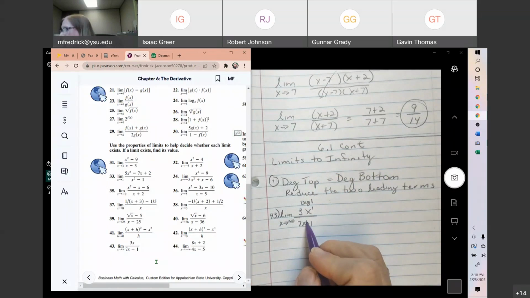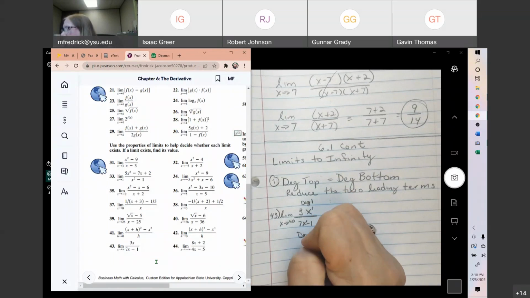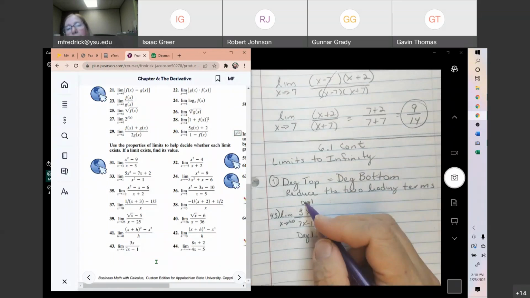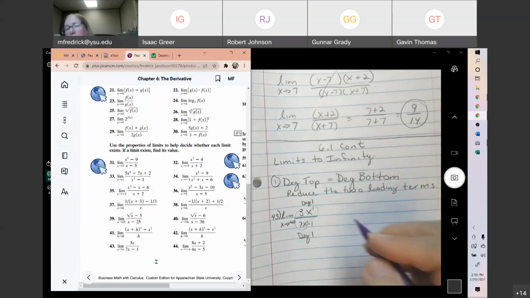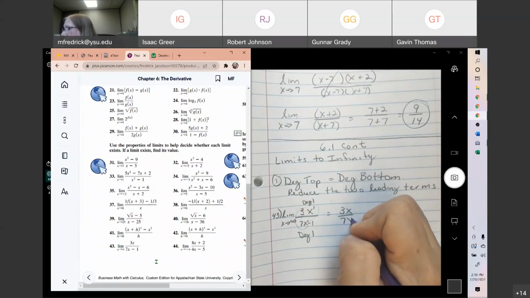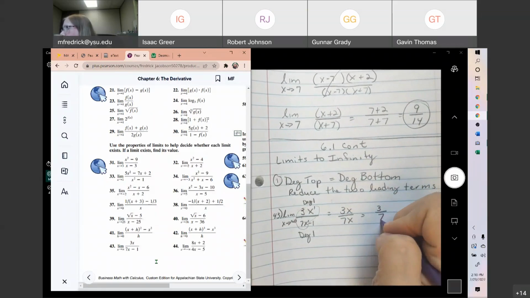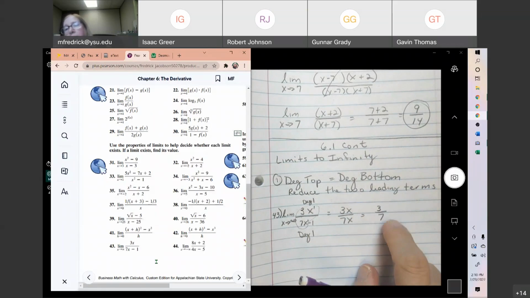And the same thing here, the exponent is 1. So the degree on the bottom is also 1. When they are both the same, take the 2 leading terms, the ones with the largest exponents, and reduce them. So the limit as x goes to infinity will approach 3/7. Any questions on that one?